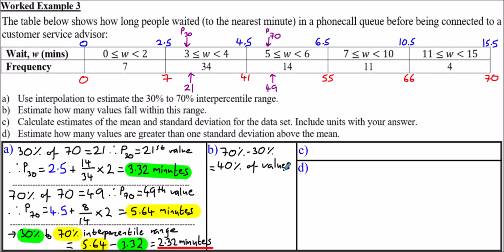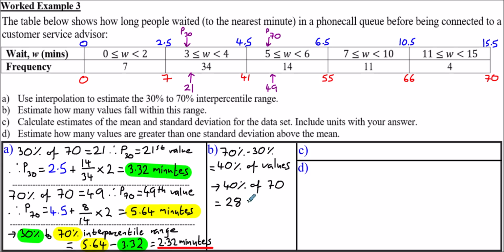Okay, so how many values are there? Well, the grand total frequency is 70. So now we do 40% of 70, and we work out from that as 28 values.